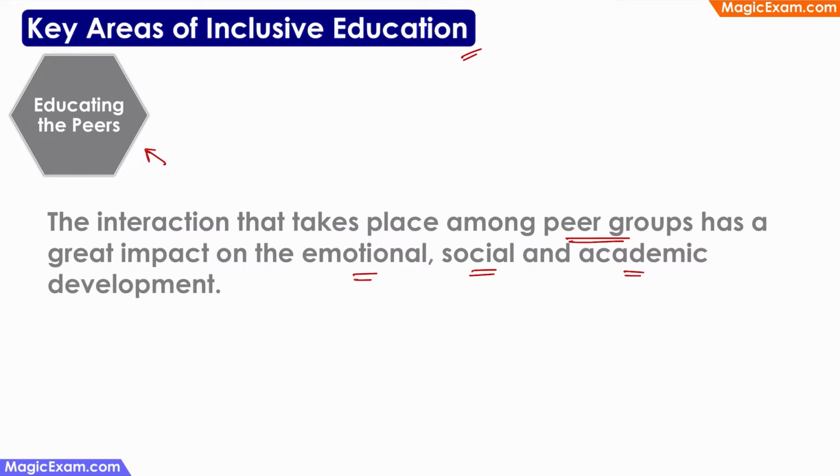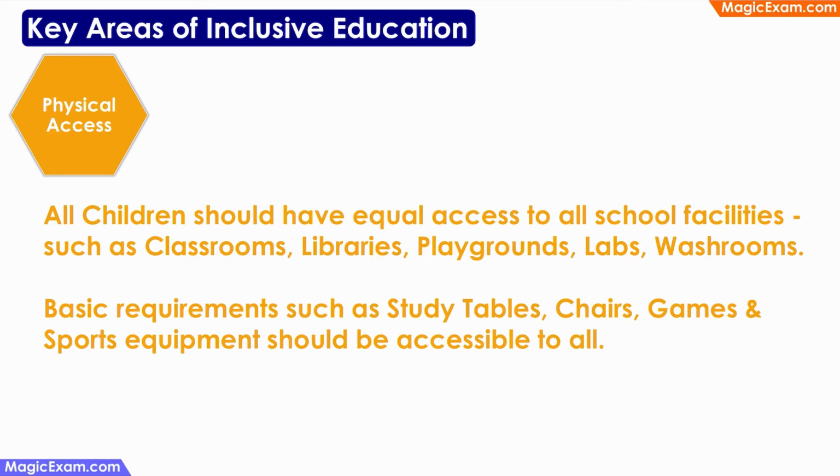For example, if there is a visually disabled child in a classroom, then the other children should be aware of how to deal with this situation and how they can include this child who is visually disabled into their regular activities.